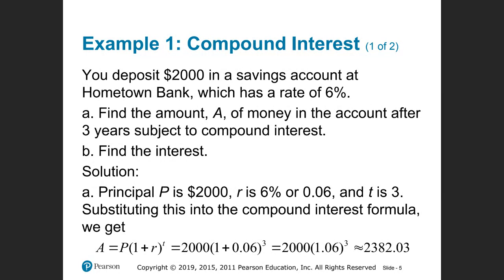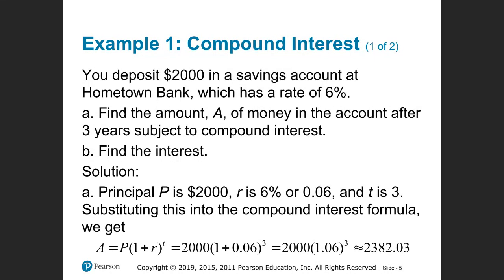The important thing to remember here is you always work inside the parentheses first. So again, we're going to do the 1 plus 0.06, sorry, I got my point in the wrong place. So we do that first. That would be 1.06. This time the time is outside of the parentheses as an exponent.